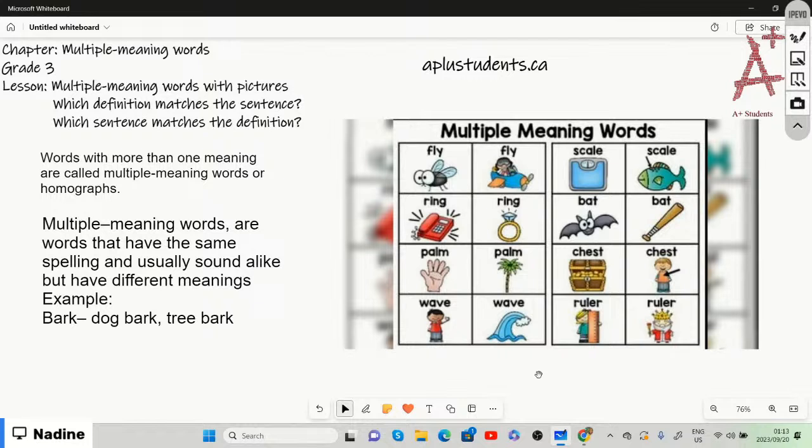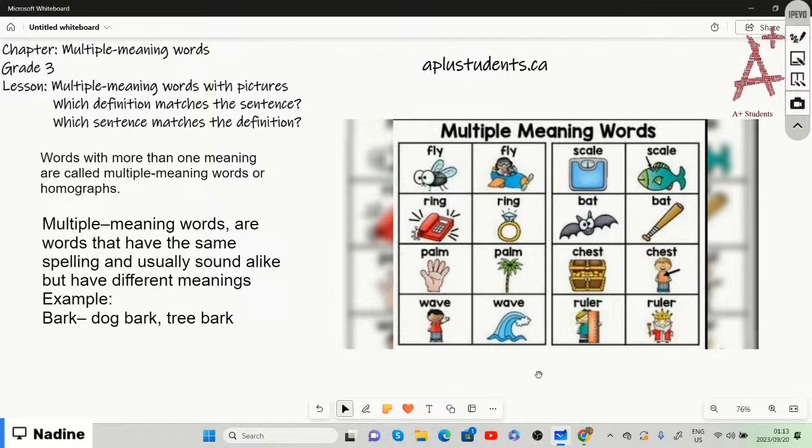Then we have chest. The first chest is like a treasure chest, usually with gold in. Sometimes they'll tell you that you'll find a chest in the ocean, or the pirates will have a chest on their ships, right?